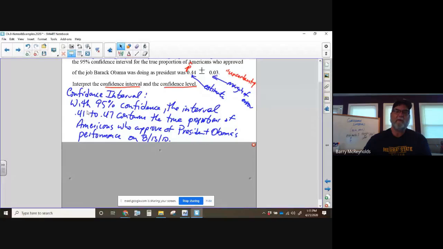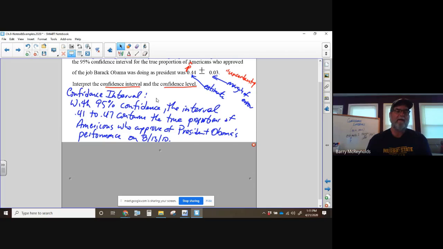Okay, so we're going to do the calculation here. 0.44 minus 0.03 is 0.41. 0.44 plus 0.03 is 0.47. And so what we're saying here is that based on this sample, with 95% confidence, we can say that somewhere between 0.41 or 41% and 47% of Americans approve of President Obama's job performance on August 13th.